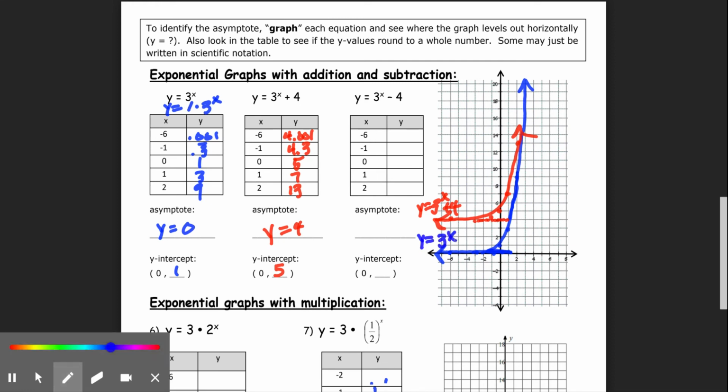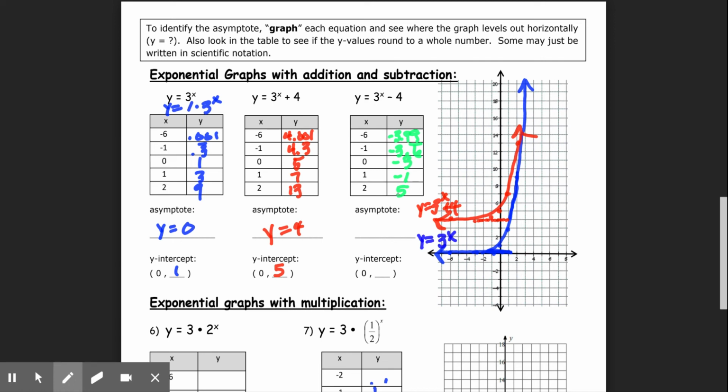Okay, now let's do a green for this one. So now we have 3 to the x minus 4. Since we have a minus 4, it's going to be -3.99. Then -1 is -3.6 repeating. 0 is -3, 1 is -1, and 2 is 5.